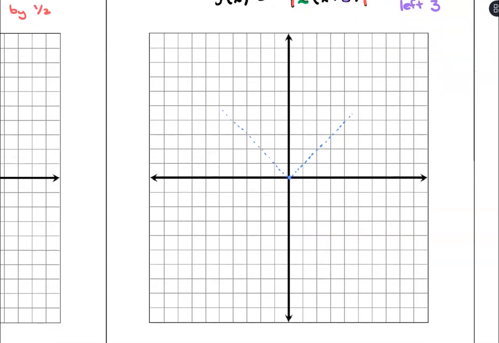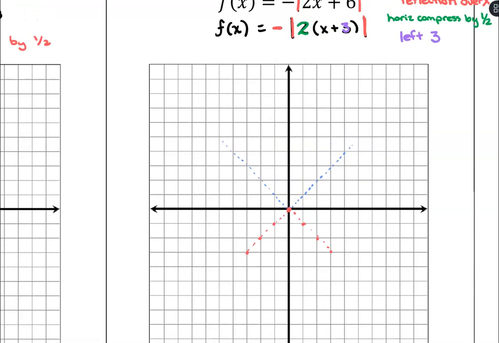So let's take care of that reflection over x. All of our positive y values become negative. Then let's go ahead and do our horizontal compression by 1/2. So all those horizontal distances are going to shrink in there.